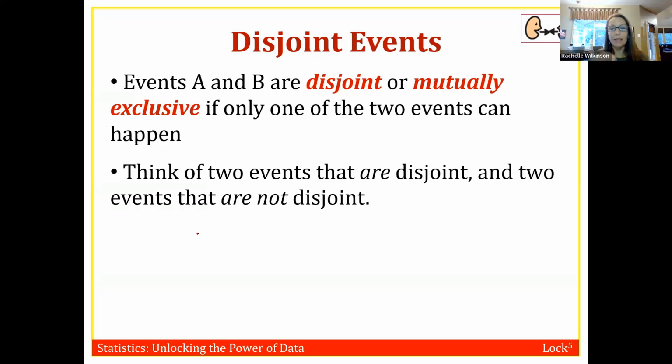I can't roll a 1 and a 6 at the same time on only 1 die. So those are mutually exclusive. They're disjoint. On the other hand, rolling a 1 and rolling an odd number are not disjoint because it's possible that I could roll a 1 and roll an odd number at the same time. So those would not be disjoint and not be mutually exclusive.